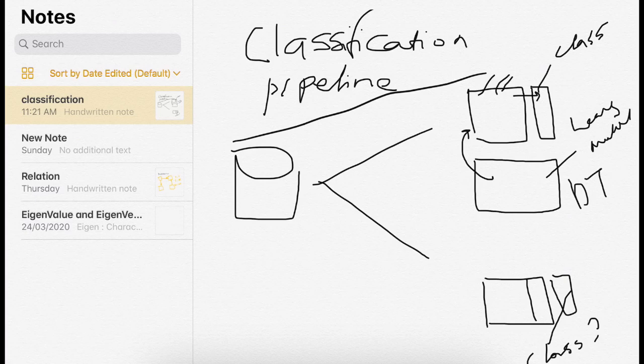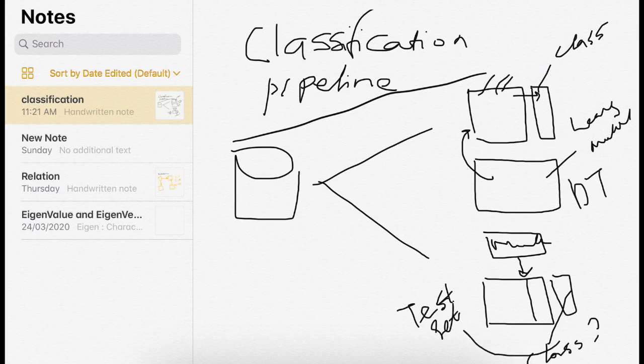When this learning model is great, or we can say it is good, then this model will be tested with the test set to find the class, or we can say the predicted class.